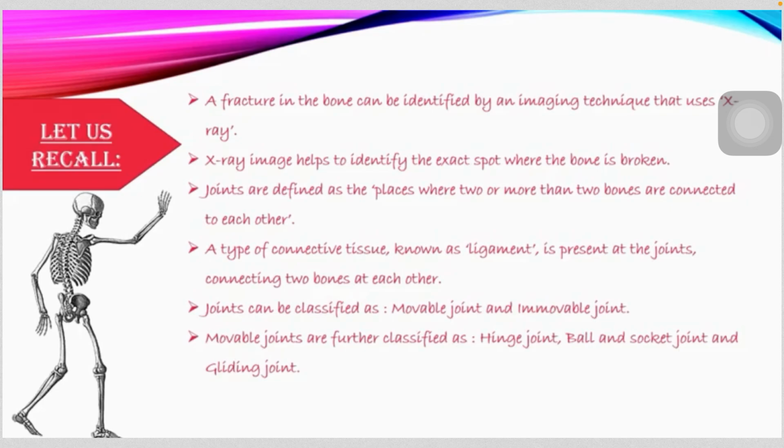Joints are defined as the places where two or more bones are connected to each other. A type of connective tissue known as ligament is present at the joints connecting two bones to each other. Joints can be classified as movable joints and immovable joints. Movable joints are further classified as hinge joint, ball and socket joint and gliding joint.